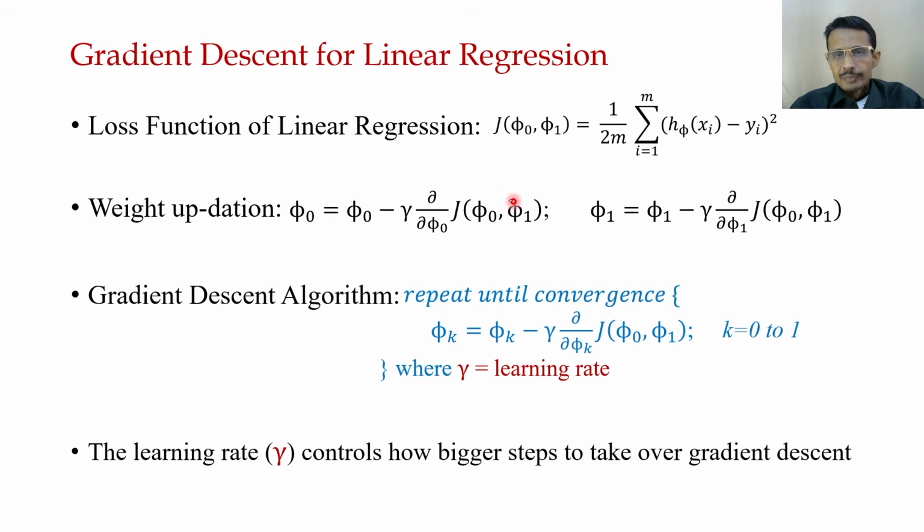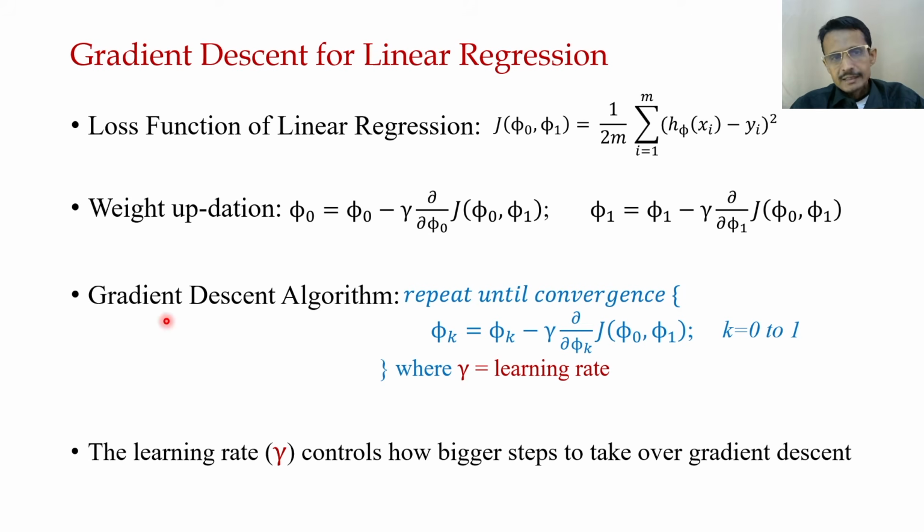So this is differentiated with respect to phi 0, multiplied with the learning rate, and subtracted from phi 0 to get the new phi 0. Similar for phi 1. In this way we get the parameter updation algorithm, and in every iteration we get new phi 0, phi 1, so that we get a better and better line to fit our data points.